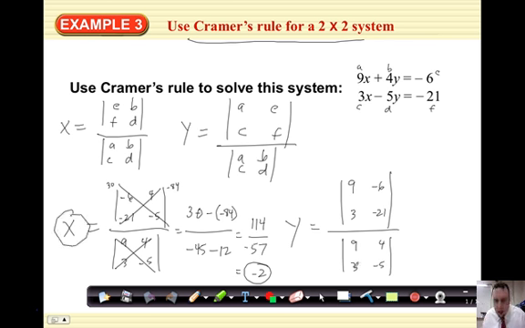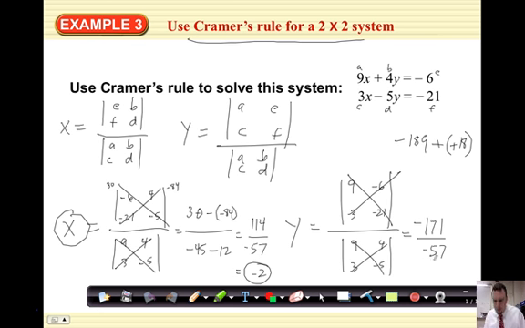Do this one. I know the bottom already. Downward minus upward. I already got it from this one over here, which is negative 57. Do this one. Downward, which is what? Negative 189. Minus upward, which is negative 18. So negative 189 plus 18, which is negative 171.